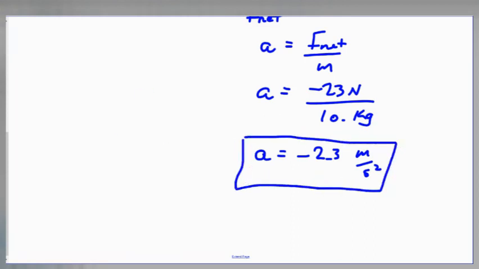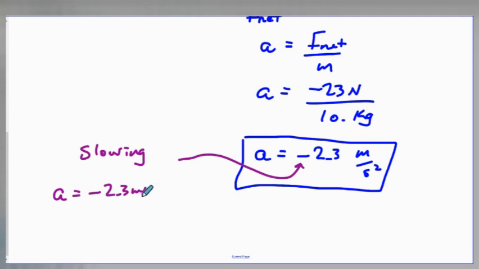Now, what does the negative mean? So this means it is slowing. There's two ways you could write this. You could say that the acceleration is negative 2.3 meters per second squared, or you could say that the acceleration is 2.3 meters per second squared to the right.